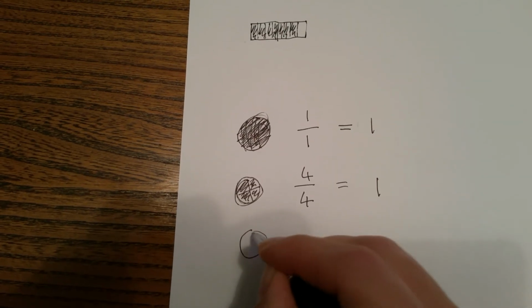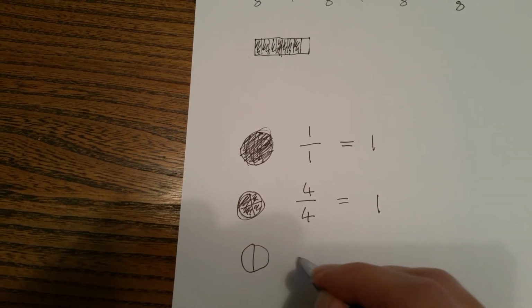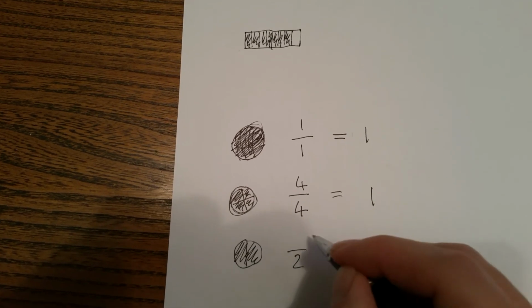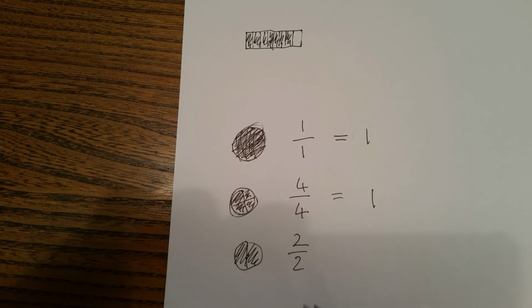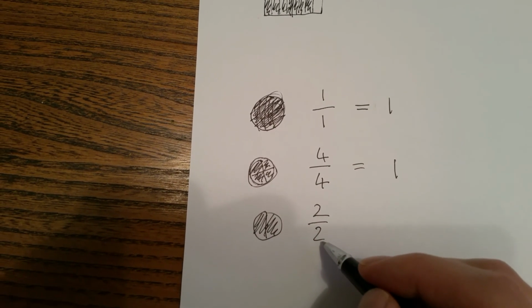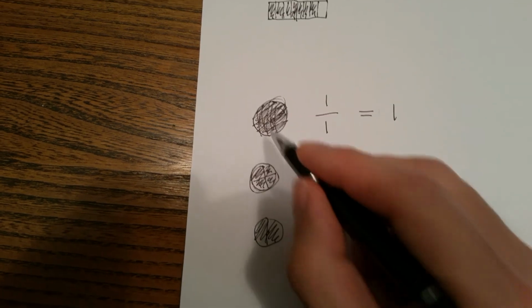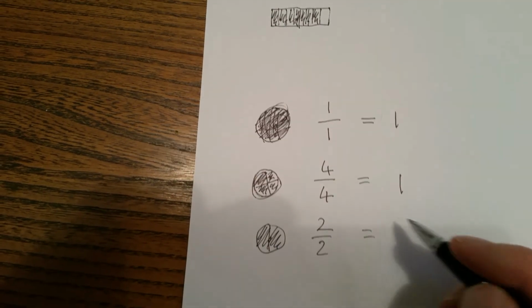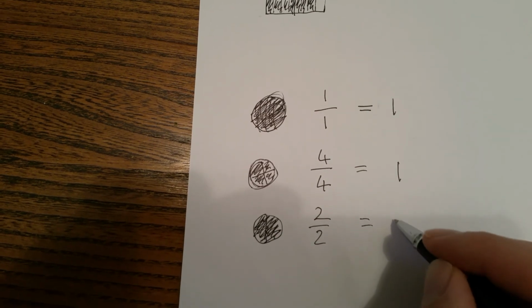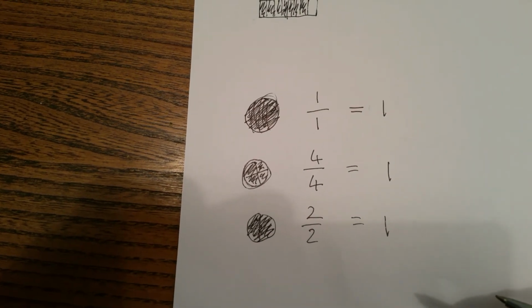If I had a pizza, split it in half, so that would be out of 2, but then I ate both halves, I took both of them, I would have 2 out of 2 halves. And that's the same as, well, look, it's still 1 pizza, it's not 2 pizzas. I haven't doubled my pizza. I've still got 1 pizza.